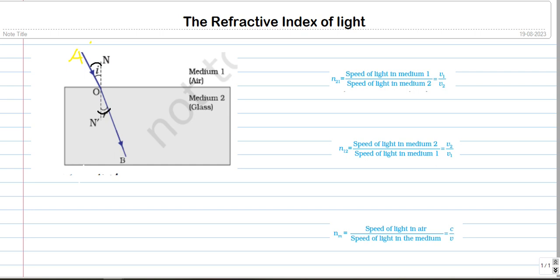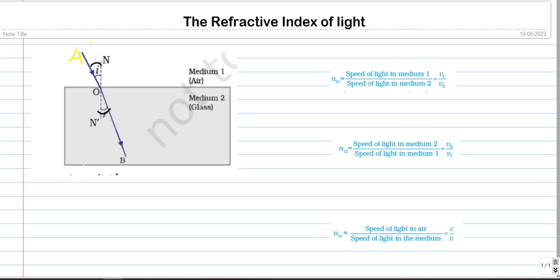So from this, what do we infer? One will be the reciprocal of the other. Now in general, when we talk about refractive index, we talk about the absolute refractive index of the medium, which is with respect to air or vacuum. The speed of light is maximum in vacuum. What is the speed of light? We have it as 3 into 10 power 8 meters per second.